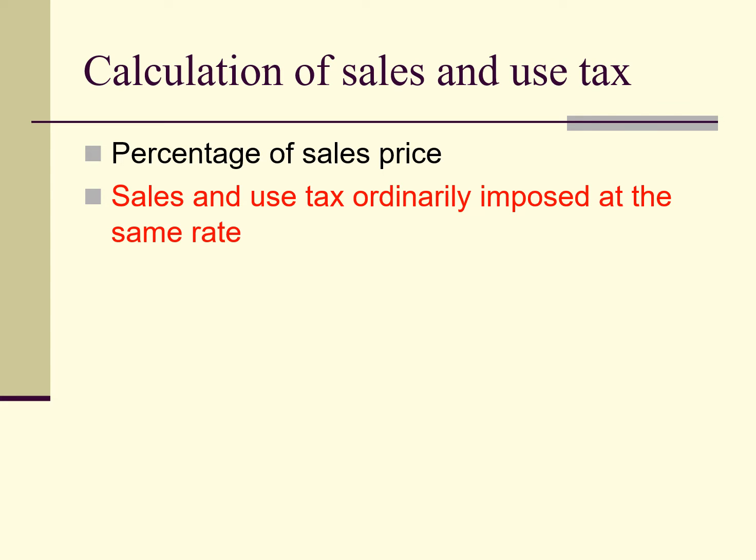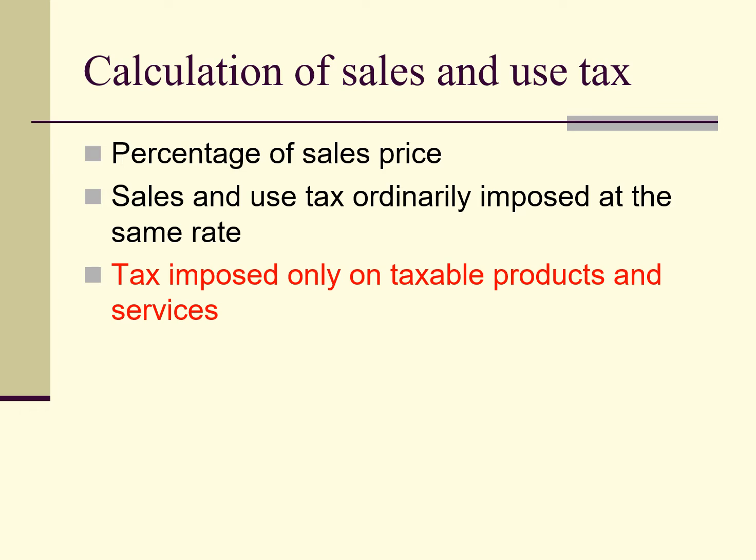There are exceptions, but this is the general rule. The tax is imposed only on taxable products and services. These are products and services specifically designated as taxable in the state's relevant statutes and regulations.